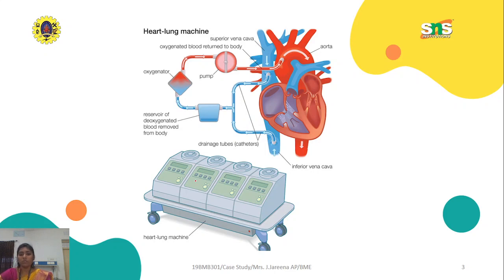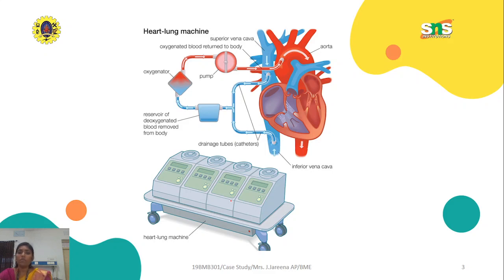See, this is the machine. We have the four chambers, and it takes over the heart function and also the lung function. We know the main function of the heart: it collects all the deoxygenated blood and pumps it to the lungs, and from the lungs the oxygenated blood goes again to the heart.